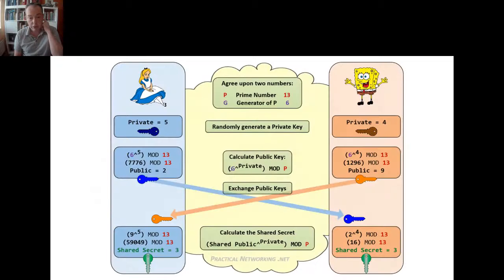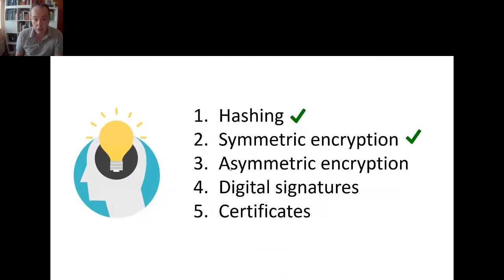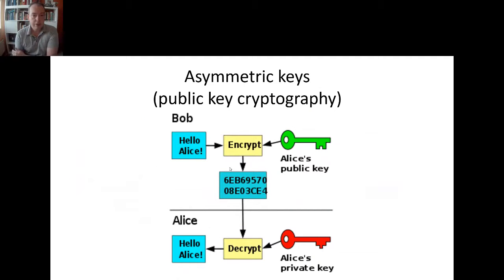And of course, because we talked about private and public keys here, we just go to asymmetric encryption. So let's look at that. As I told you, in asymmetric encryption, you actually need two keys. One is a private key and the other one is a public key that anyone can share. So if Bob wants to encrypt a message, he uses Alice's public key to encrypt it.